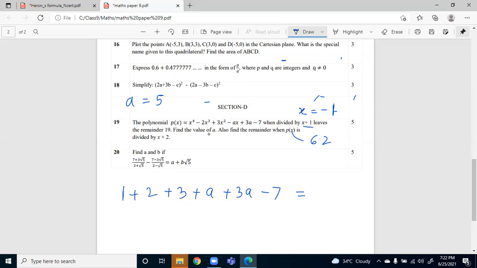The remainder is given, it is equal to 19. Okay, so a plus 3a is 4a and 1 plus 2 is 3, 3 plus 3 is 6, 6 minus 7 is minus 1. So you are correct, Leona. So a comes out to be 20 by 4, or you can say 5.